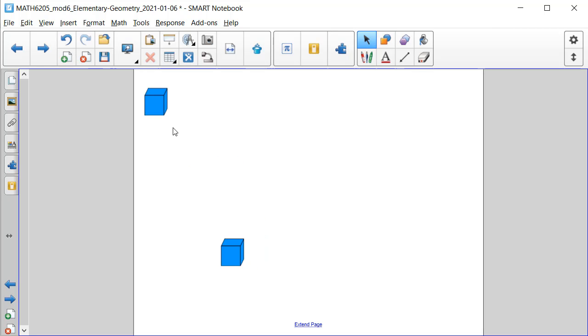So that's 1 by 5. This is the second layer of 5.